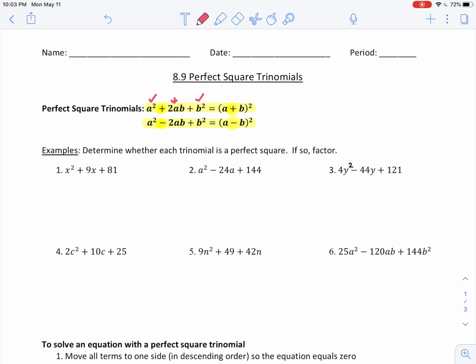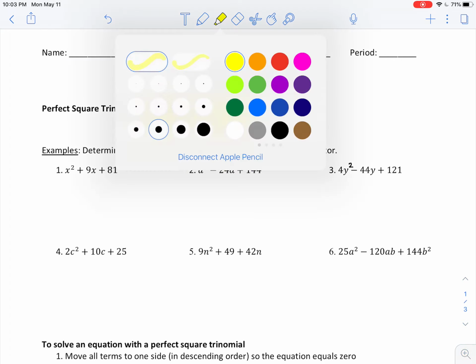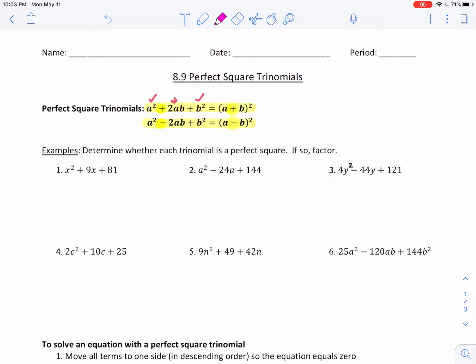If you do have a perfect square trinomial, it factors into the same parenthesis that gets squared. So it factors into a plus b, the whole thing squared, or a minus b, the whole thing squared. Inside the parentheses, it's the square root of the first item plus or minus the square root of the last item.